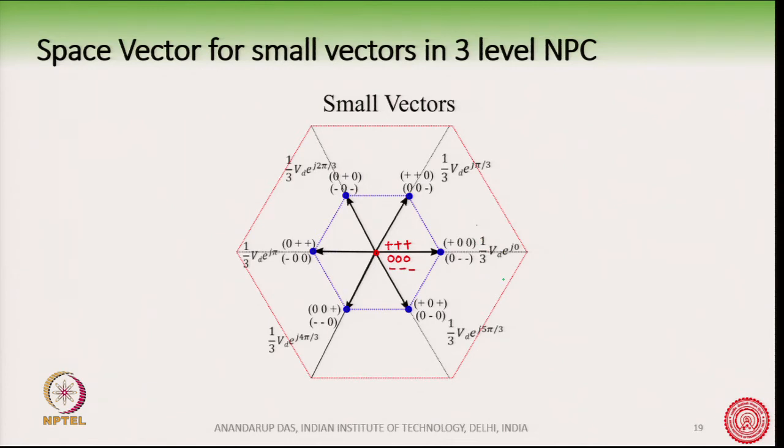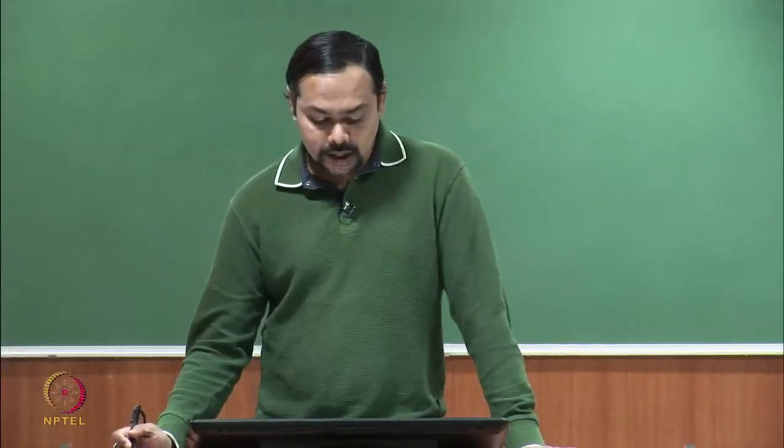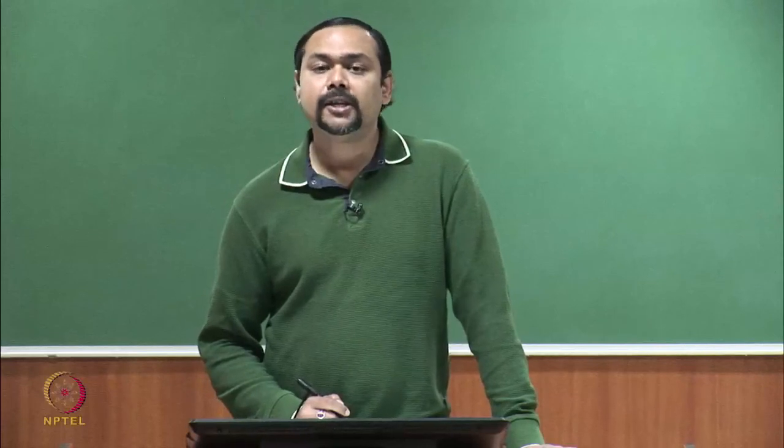However, for the medium vectors the magnitude is Vd by root 3, that is almost like 0.577 Vd. So, it has a magnitude more than the small vectors, and therefore, these are called medium vectors.